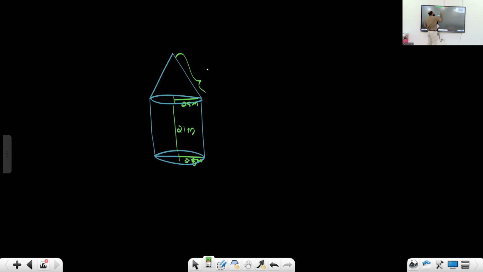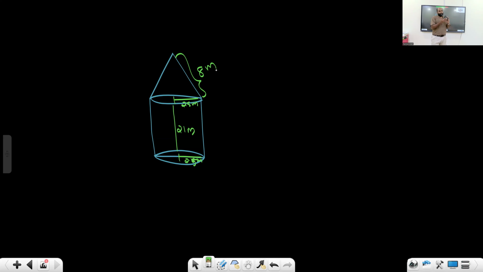The advantage is the slant height is already given, so we don't need to take the height. They are asking the total surface area of the rocket. So what do we have to consider initially?